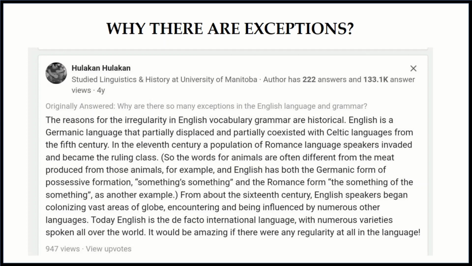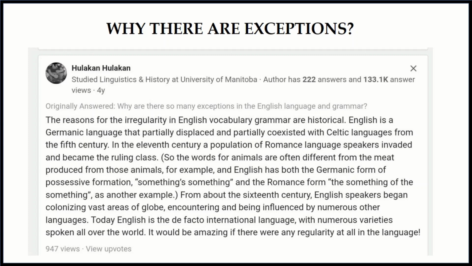On the other hand, in 11th century, the population of Romance language speakers invaded and they became the ruling class, which is why their becoming a ruling class obviously had influence on the population of language speakers. Then, what was new of Romance language was it brought this possessive formation.